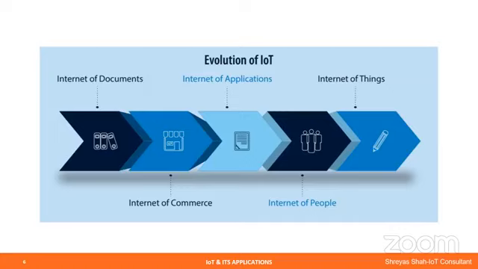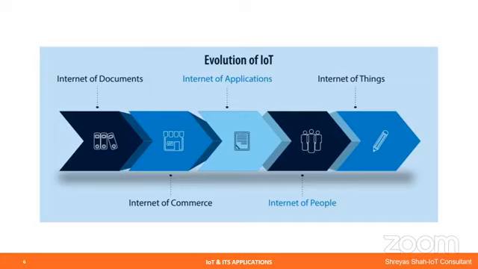At a later stage, we got connected for commercial purposes, like the era of the cyber cafe. If you remember, earlier we used to go to cyber cafes because internet connectivity was not available, or not that frequently used, in homes or daily life. So there was an era of the internet of commerce.